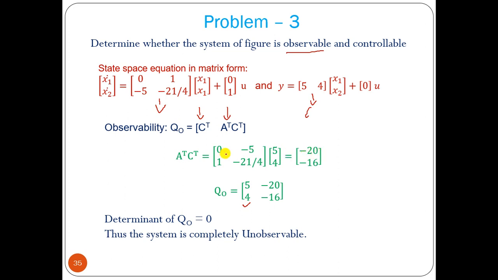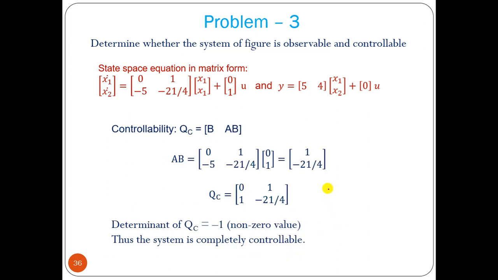If you multiply these two, you will get minus 20 and minus 14. Five minus 21, so minus 16. So this is the ATCT, that value we put here, and we find that the determinant of Q0 equals 0, that means the system is unobservable.